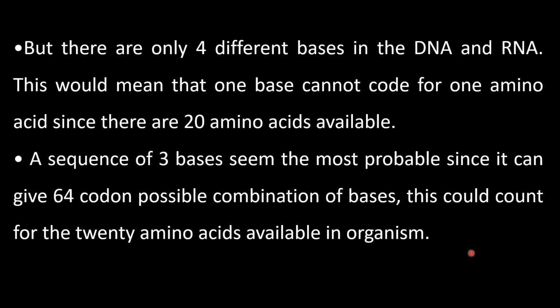This would mean that one base cannot code for one amino acid. Since there are 20 amino acids available, a sequence of 3 bases seems the most probable, since it can give 64 possible codon combinations of bases. This could account for the 20 amino acids available in the organism.